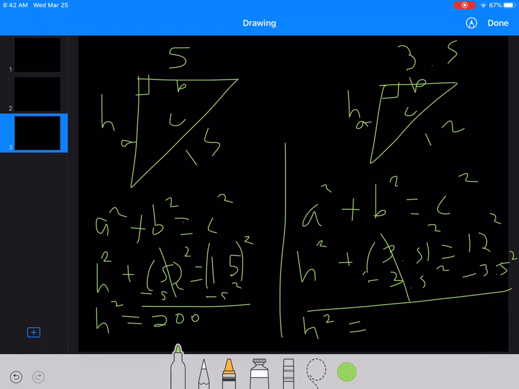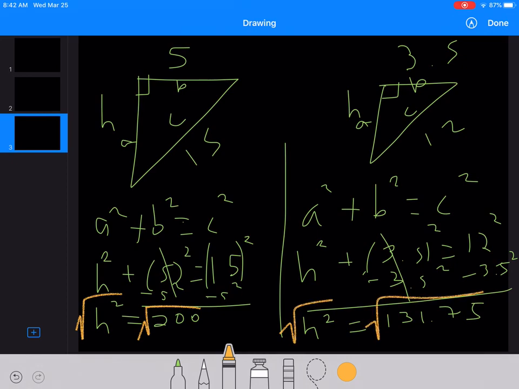It's going to be a little over 10. What we'll get is 131.75. And the last thing we need to do is take the square root of both sides, because we have h squared, we just want h.